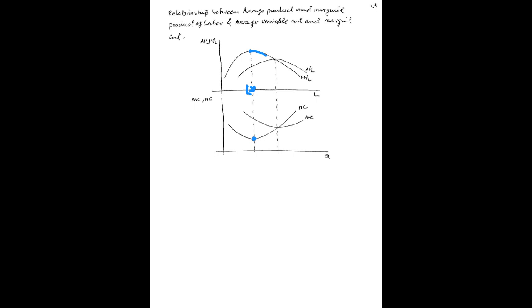So they are the same thing in two different ways. Diminishing marginal productivity means either marginal productivity of labor is decreasing or marginal cost is increasing. So that's all as far as chapter number 6 is concerned.